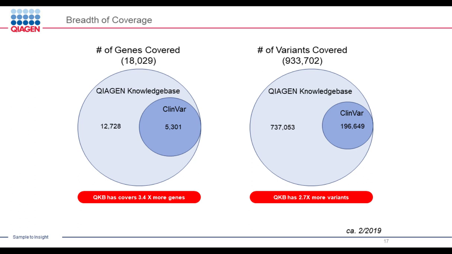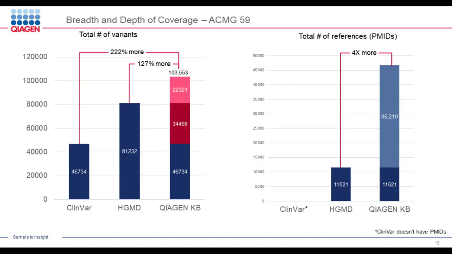So the knowledge base has about 3.4 times more genes covered than ClinVar. If you take a look at the number of clinically relevant variants, again, ClinVar is just under 200,000, but the knowledge base has that amount plus another over 700,000 clinically relevant variants. So very impressive in the amount of knowledge that we have compared to just public sources.